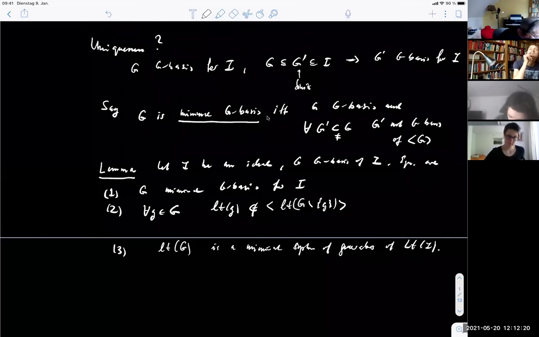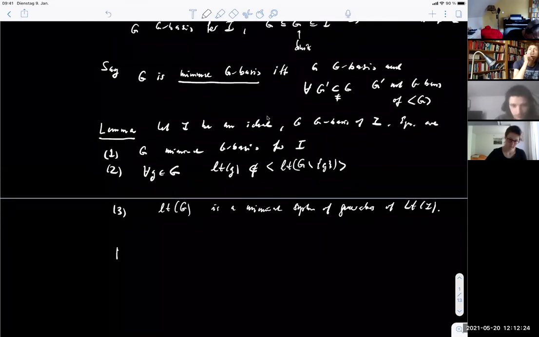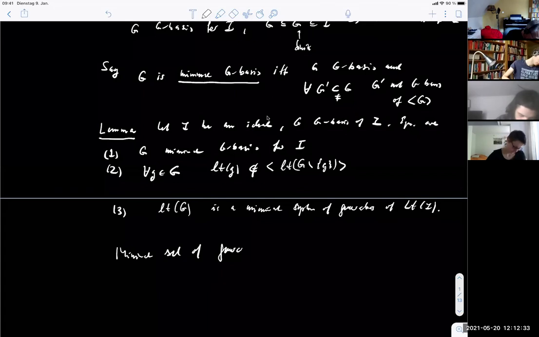The minimal set of generators of a monomial ideal is unique.